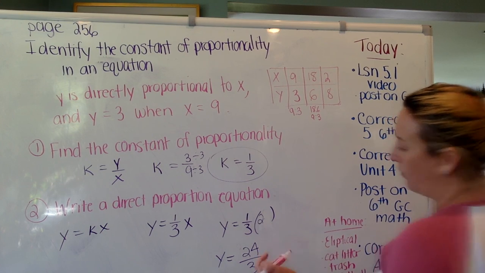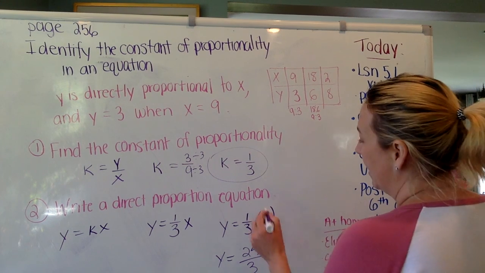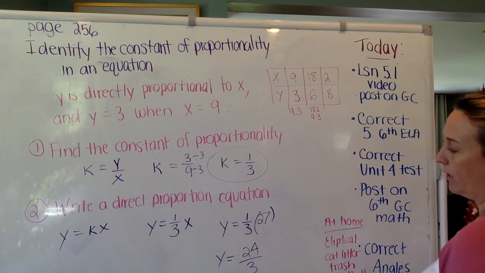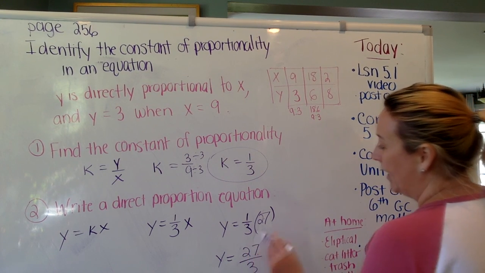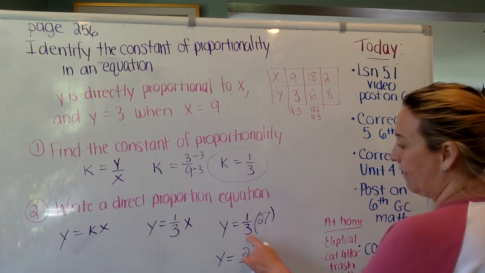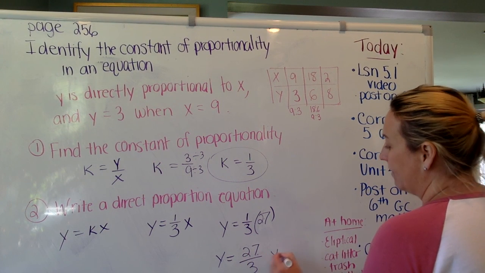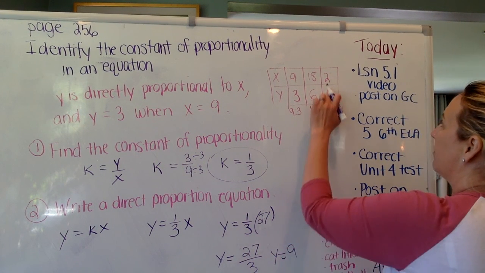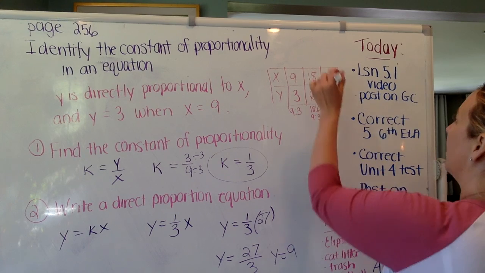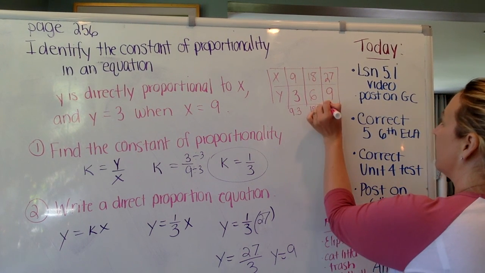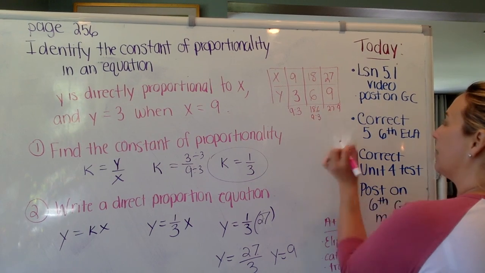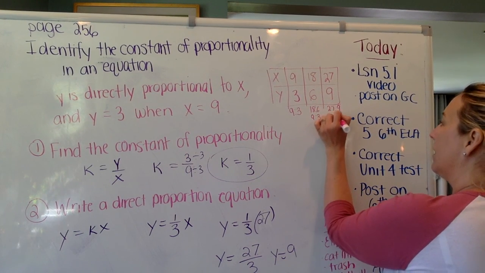It's not 24, silly Mrs. Sayward. It's 27. That's why it was off. So let's fix that up. 1 times 27 is 27. 3 times 1 is 3. So y is equal to 9. That makes more sense. 27 and 9. And of course, that can be reduced down to 9 to 3.